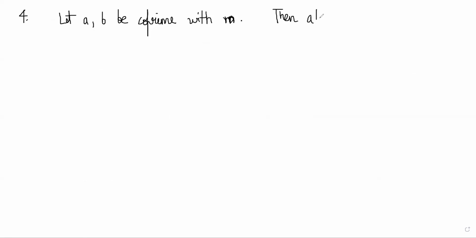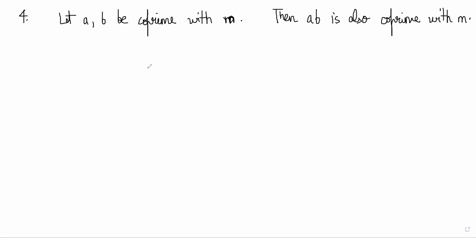Let's look at the next property. Let A and B be co-prime with M, then AB is also co-prime with M. Basically, this property says that integers co-prime with M are closed under multiplication.